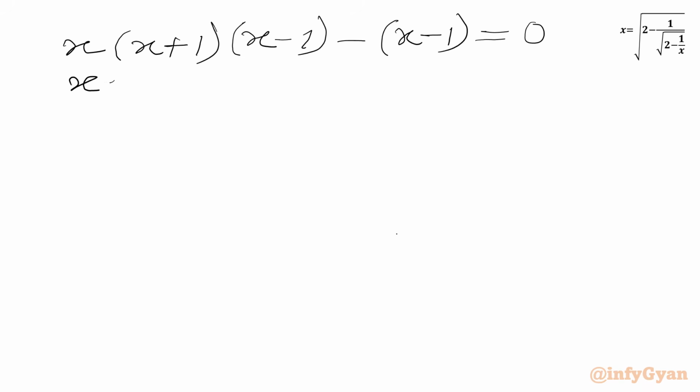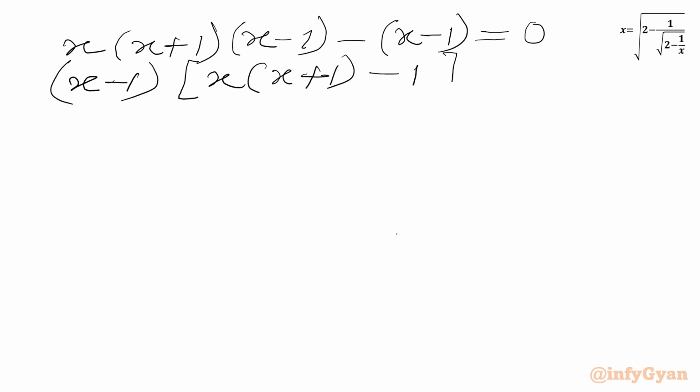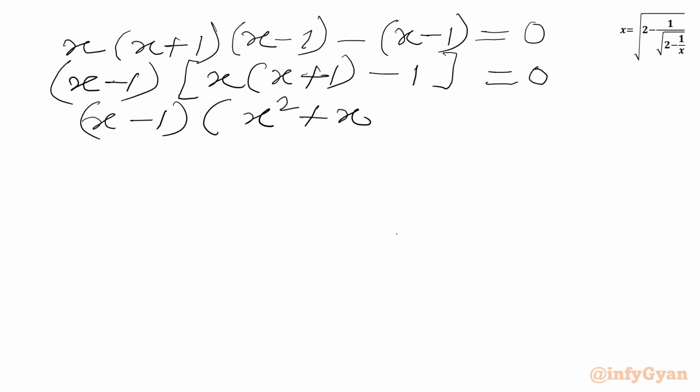Now we can take x minus 1 overall common. So in other bracket, we can write x times x plus 1 minus 1 equal to 0. Or we can write x minus 1 times x square plus x minus 1 equal to 0.